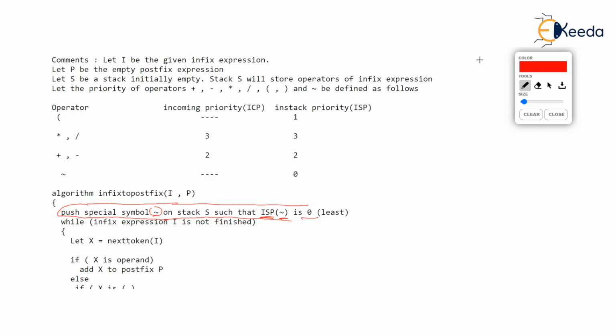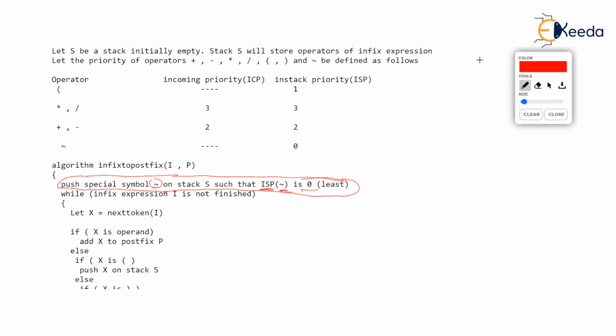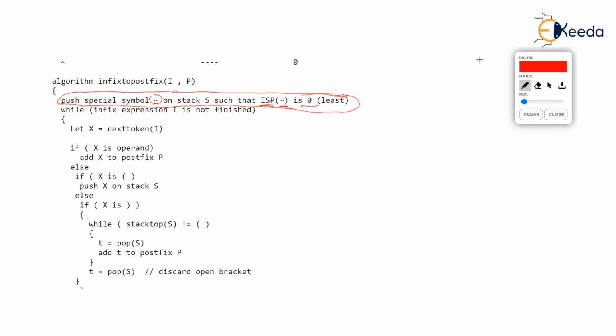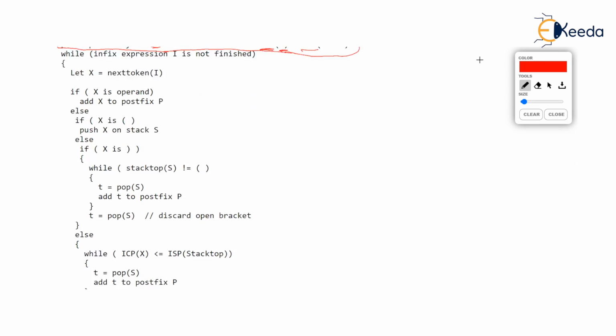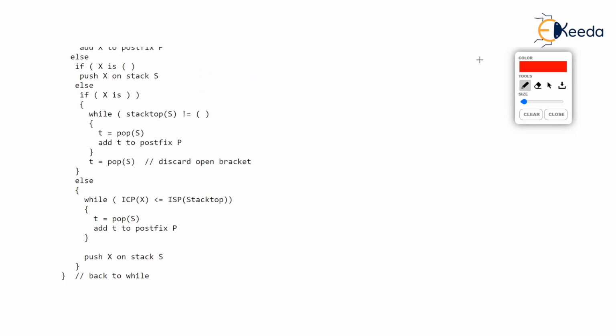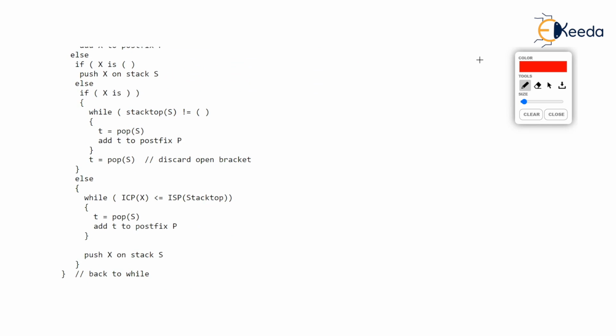Now, why did we push tilde? I'm sure those who saw the video, part 1, would be still wondering, or maybe they have got the answer. Now, why do you push tilde initially on the stack and keep it as it is? It is for the operator case.